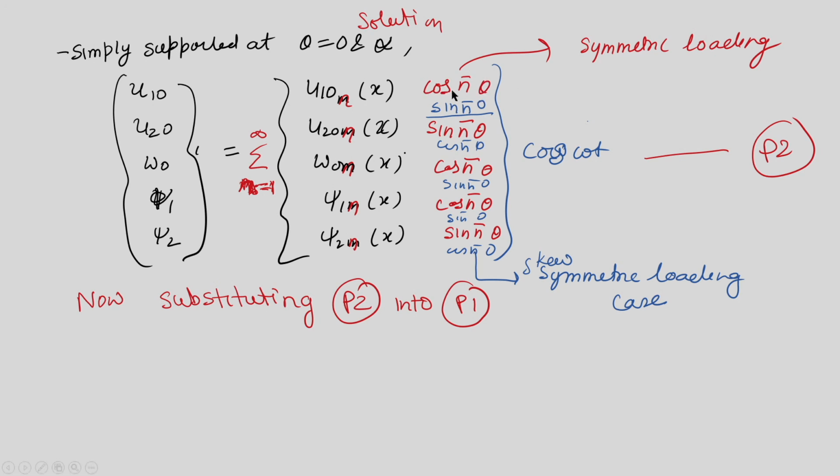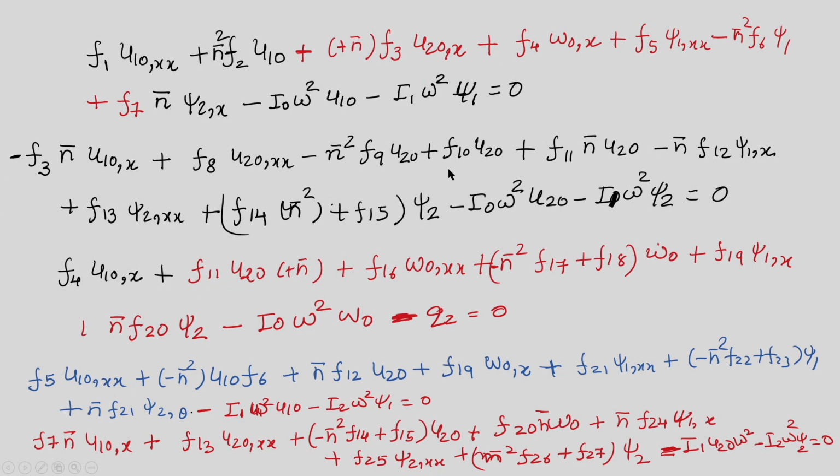So, we can assume the solution like this: cos n theta if my loading is symmetric, u1 0 cos n theta, u2 0 sin n theta, and so on. And this is the variation of time. Now, substituting this expansion into P1 again gives this big expression.